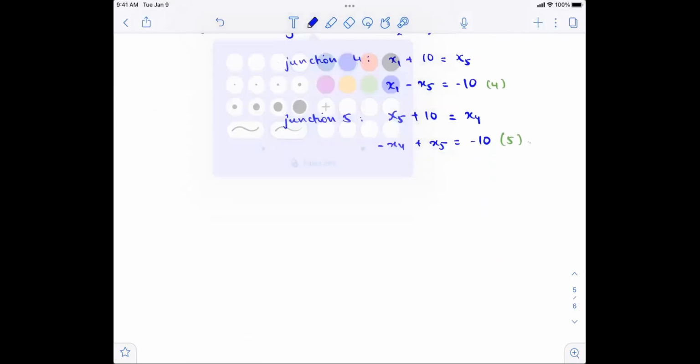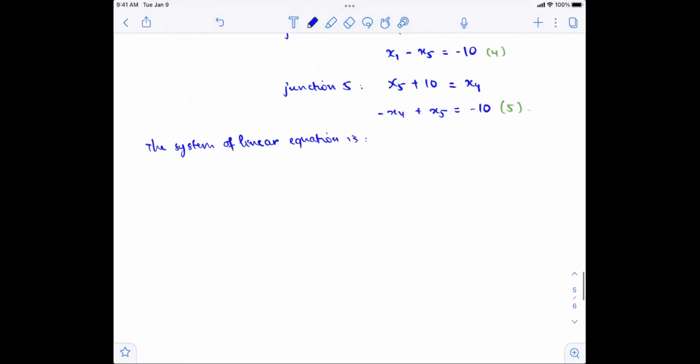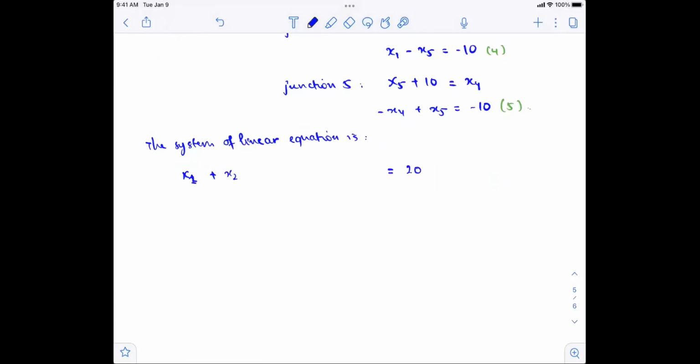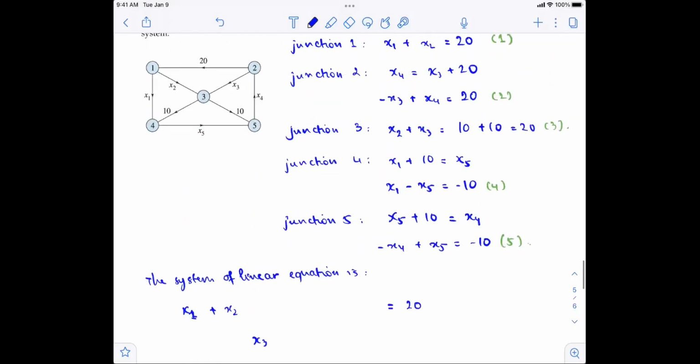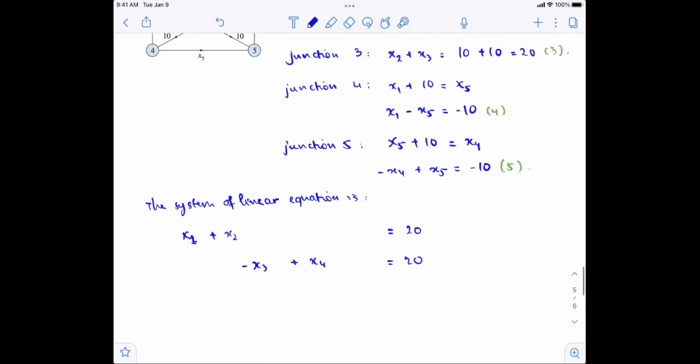So the system of linear equations is, what do I got? We got x1 plus x2 equals 20. That's the first equation. Then second equation, negative x3 plus x4 equals 20 as well.